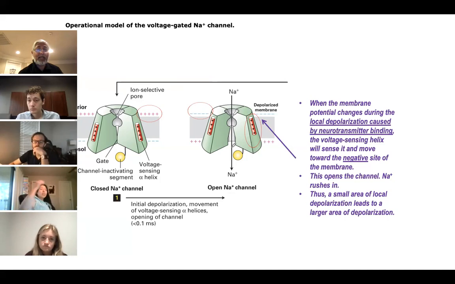The sodium will quickly rush in through the open sodium channel. So the membrane will lose its polarity and go towards positive, like what we saw in the previous slide, right? Now we said it will not stay open like this for a long time. It will be closed. The sodium channel will be closed.